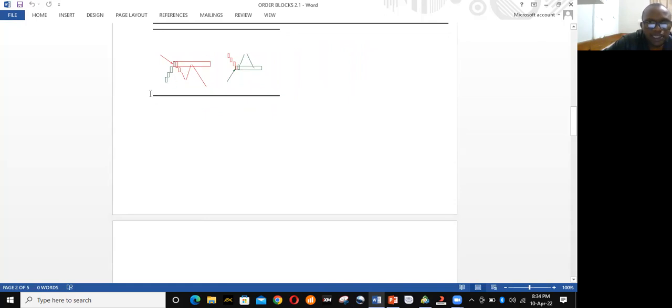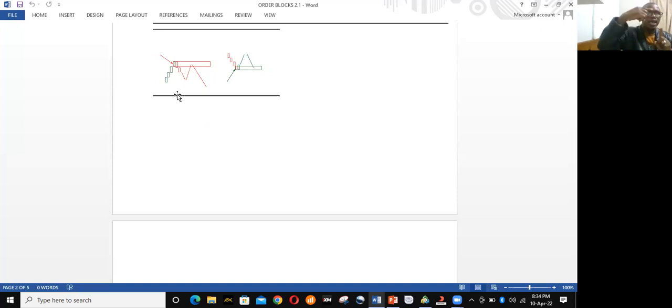Let's come here again. This is another picture to illustrate. Remember, how do we identify an order block? The first type of order block, you identify it by seeing an engulfing candlestick. I repeat, you identify an order block by seeing an engulfing candlestick.